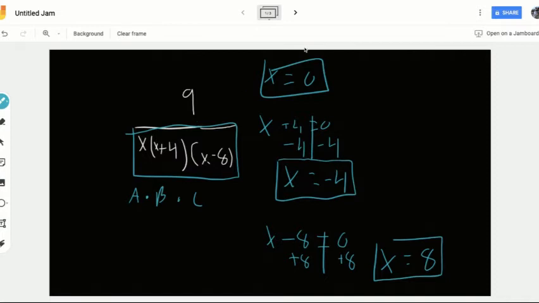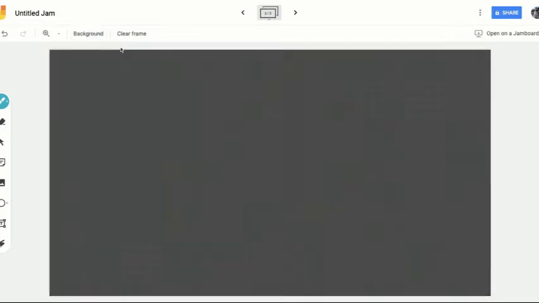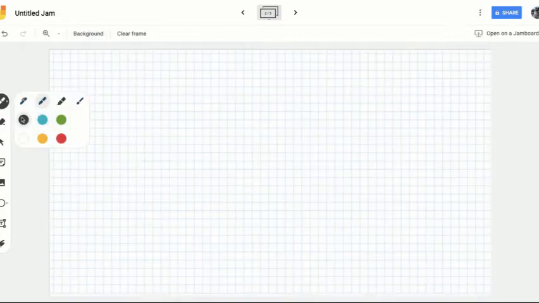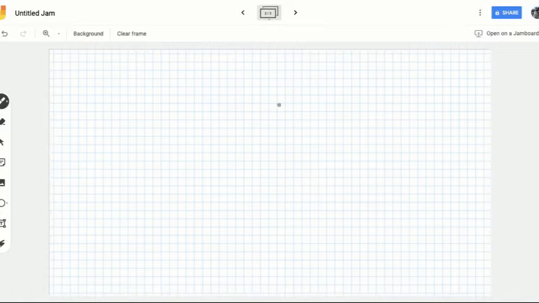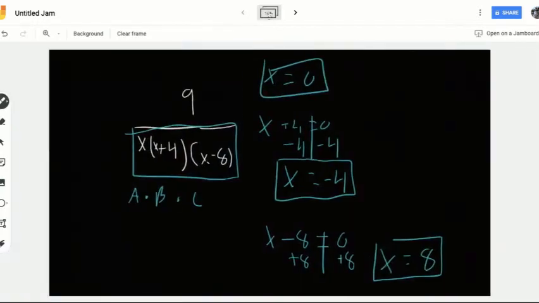All right, now what that means is we just created vertical asymptotes. So I come over here, I'm going to draw a graph. See how good of a graph I can draw now. I draw a graph, and we determined x equals 0, -4, and 8.